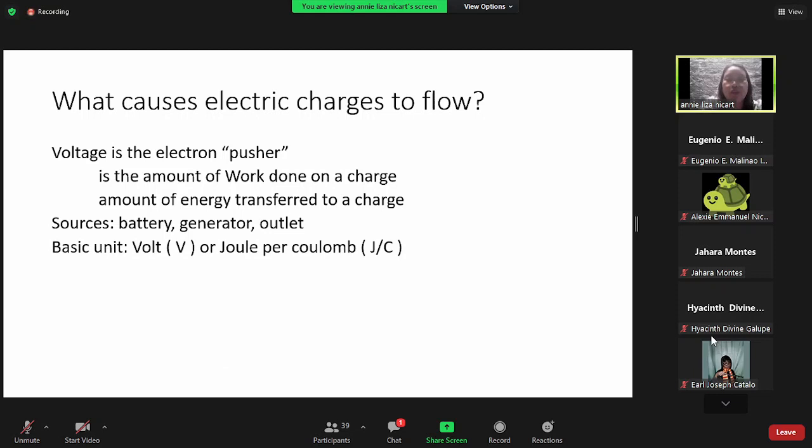Okay, so the basic unit of voltage. By the way, voltage, ang kanyang quantity symbol niya ay V. I forgot to write it here. Ang kanyang symbol again ay V, capital V, sa quantity na voltage ha. Okay, basic unit of voltage is volt. Symbol, capital V, same as voltage.